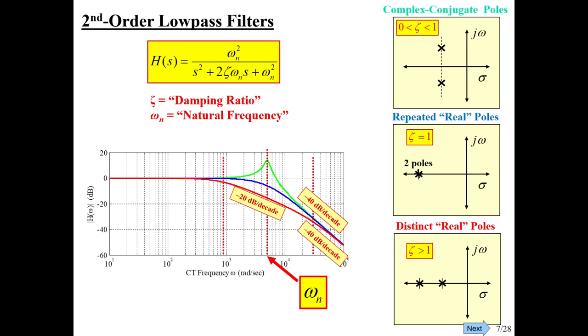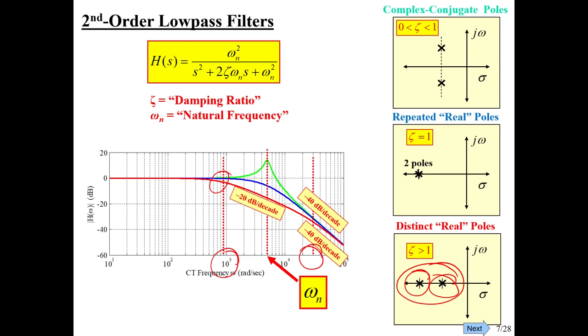And then when we have the 2 distinct real poles, there's a break here, that would be the position of one of these poles, the lower one, and then there's a break here, that would be the other pole. So in that plot, we don't see the role of omega sub n explicitly, but it is really there.